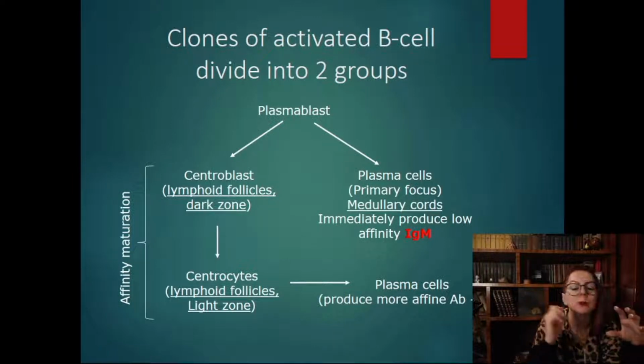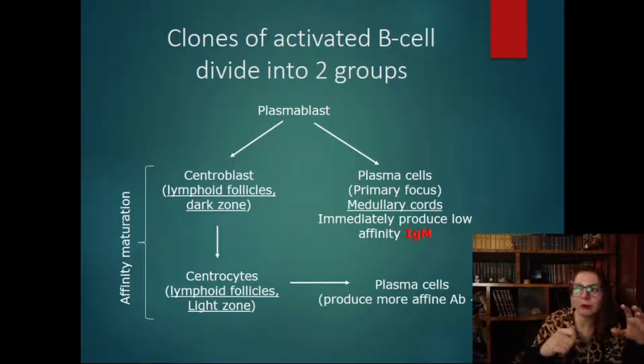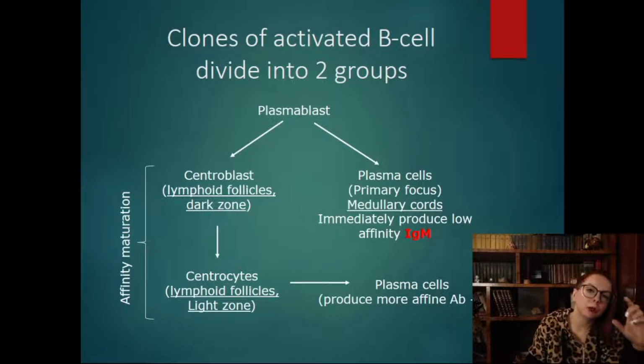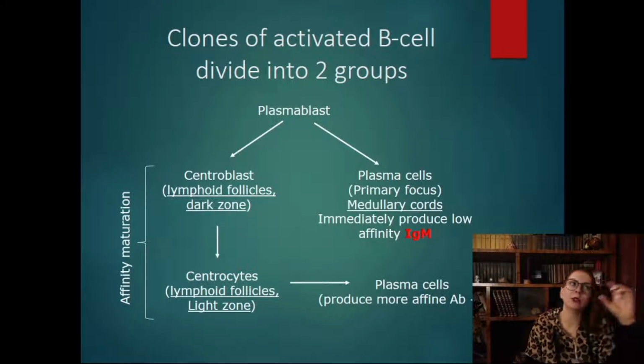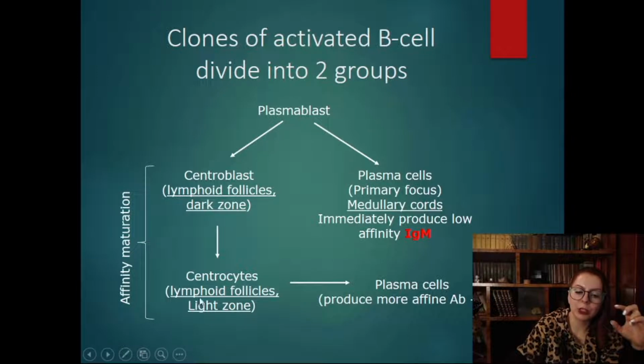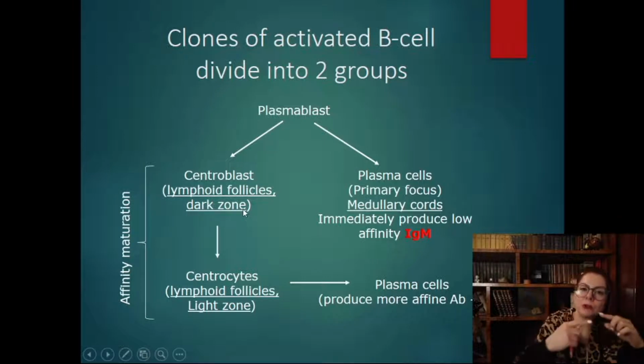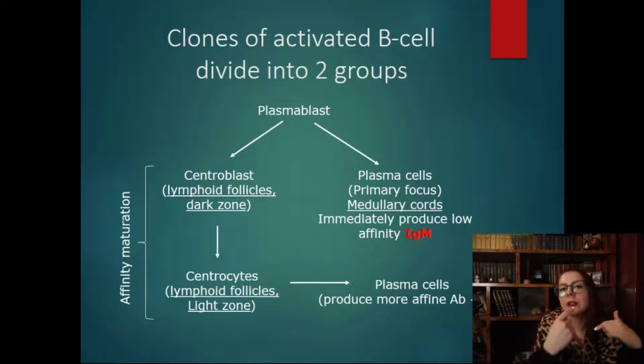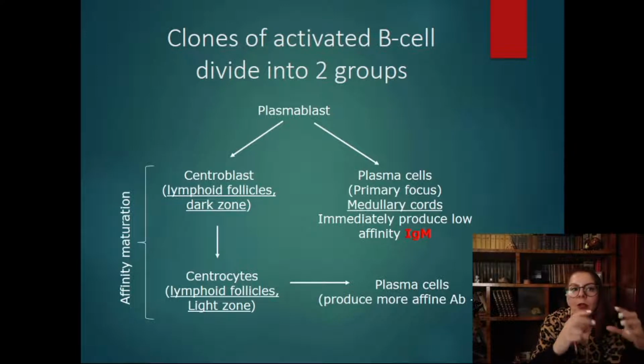There is the process of somatic hypermutation, and in this way, the part of the antibody which is destined to interact with the antigen is changed. So, plasmablasts which are left in the cortex are called centroblasts, and in the dark zone, they proliferate, starting to modify their antibodies, trying to make those antibodies more affine to this particular antigen.